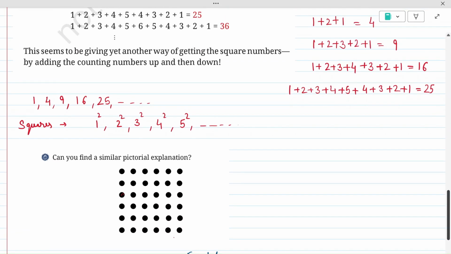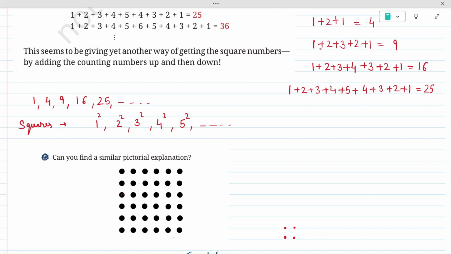So first of all we have 1 here, so I am drawing 1 dot. Then it is 1 plus 2 plus 1. So to this one I am adding 2 more dots and then 1 dot more. This gives me 4. It's a square of 4, right?